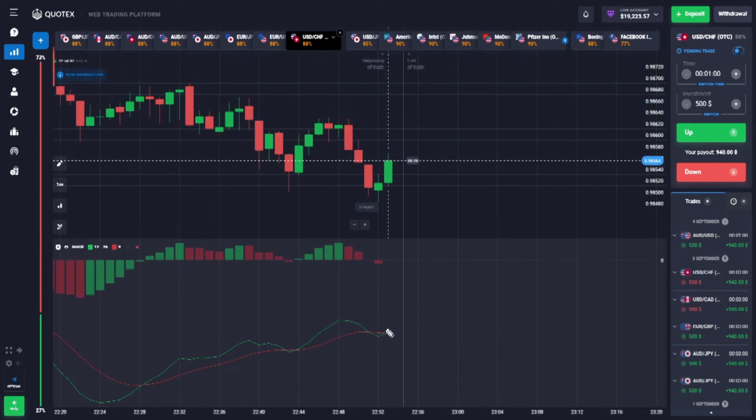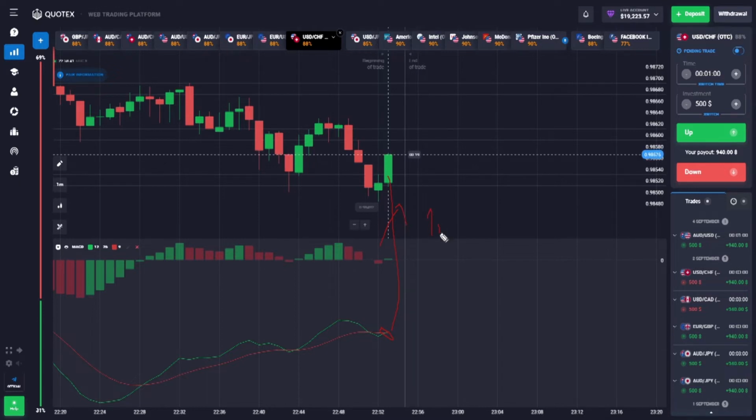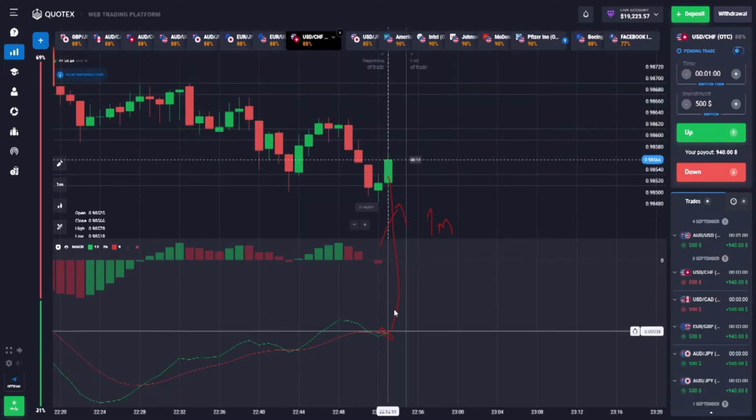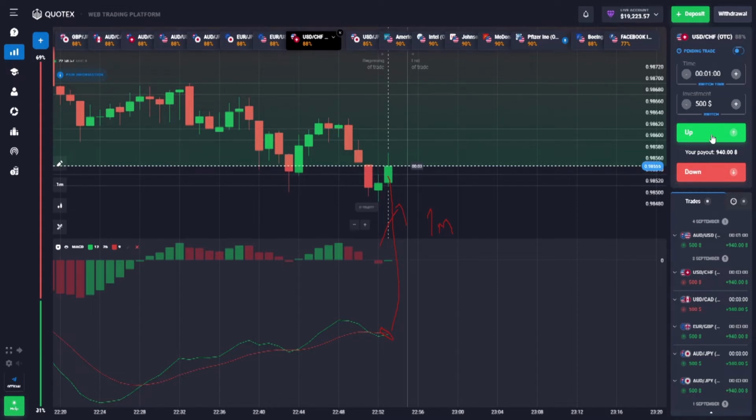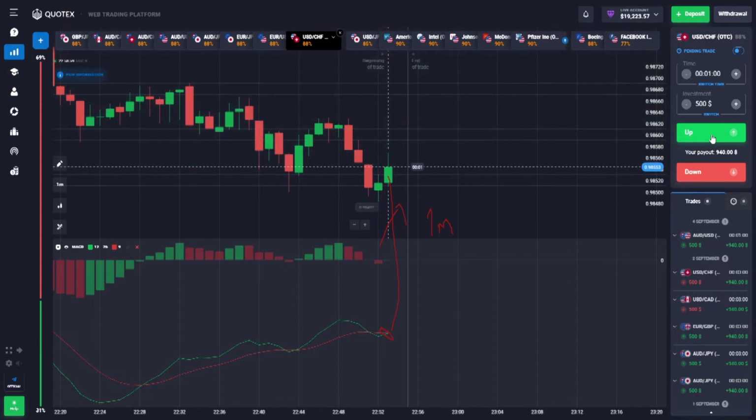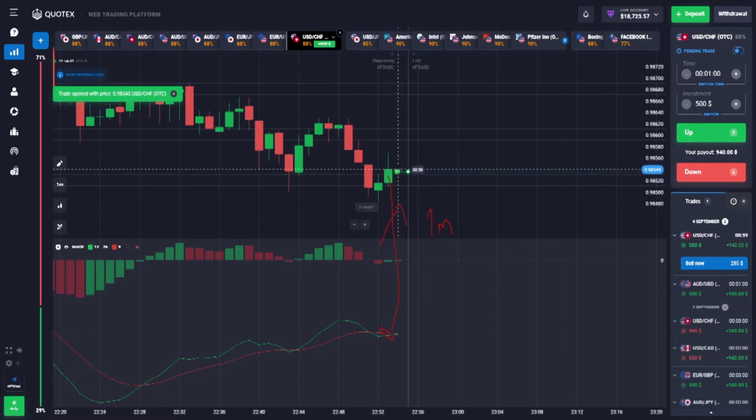We will open a position on the 1 minute candle change. Okay, I open a position now.